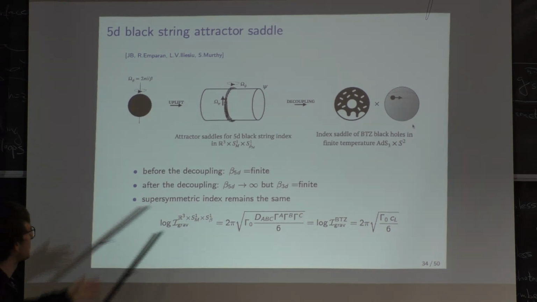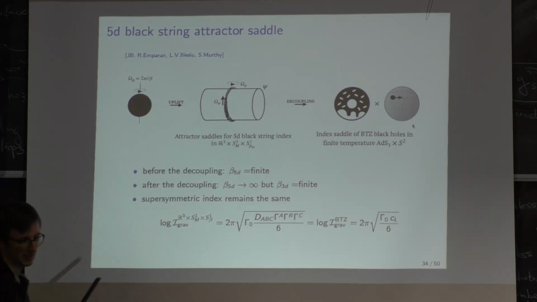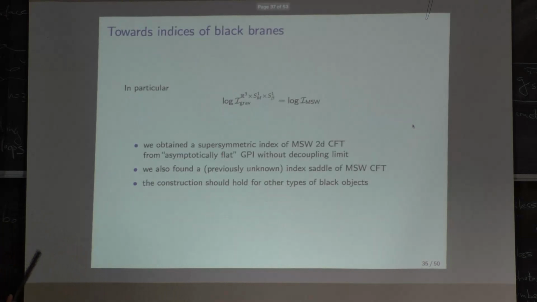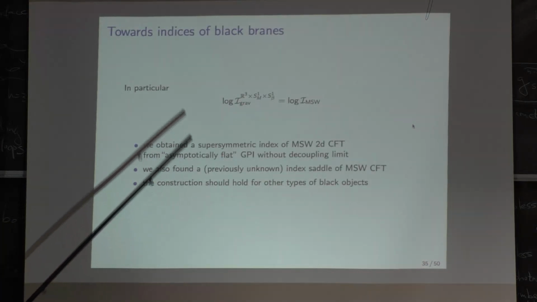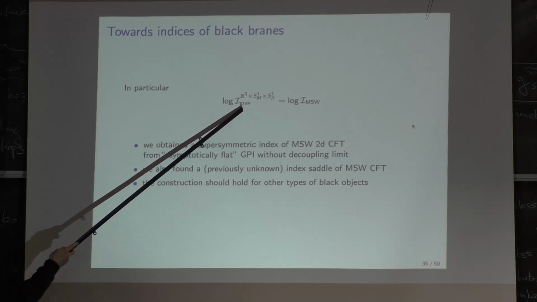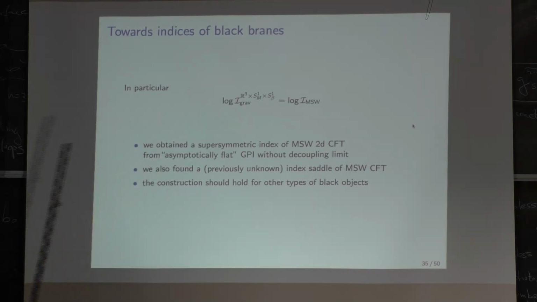But what I also wanted to point out to you is this method of computing the index, because what this also means is that the supersymmetric index computed with this asymptotics, without taking any decoupling limits, actually reproduces the index of the MSW CFT. So this illustrates the usefulness of the Gibbons-Hawking prescription in asymptotically flat space, as we expect that the construction presented here would also work for other configurations.